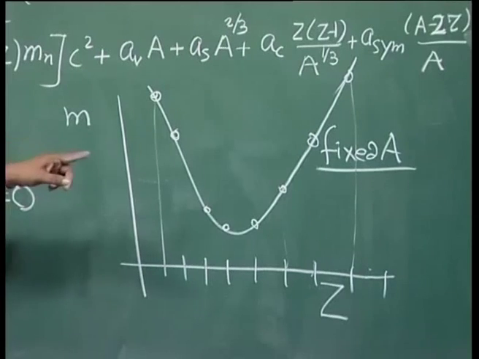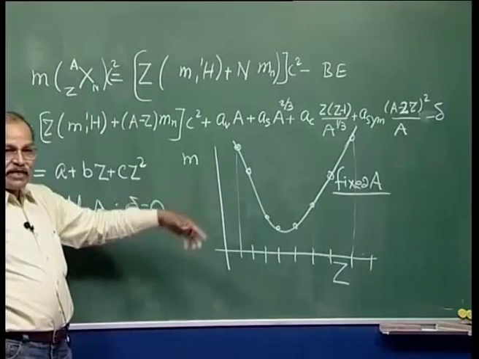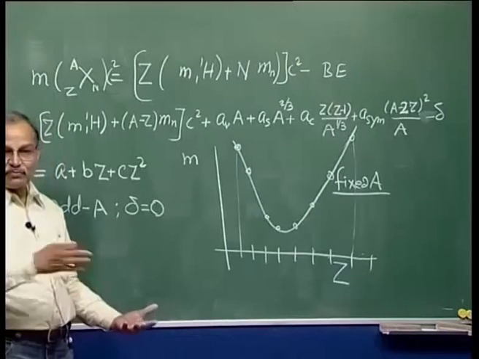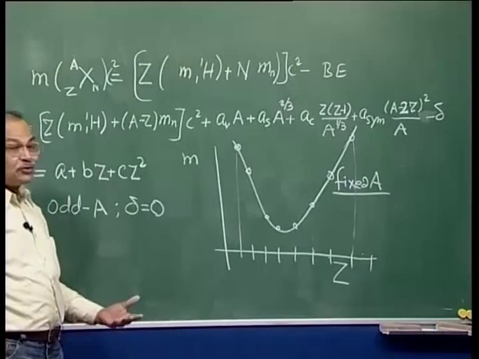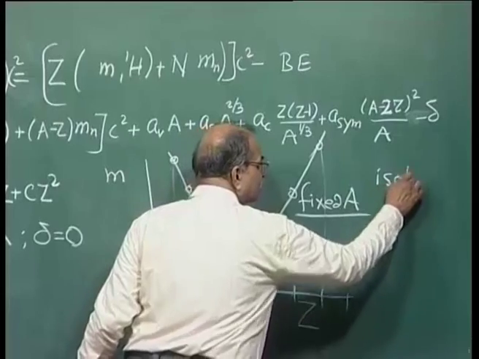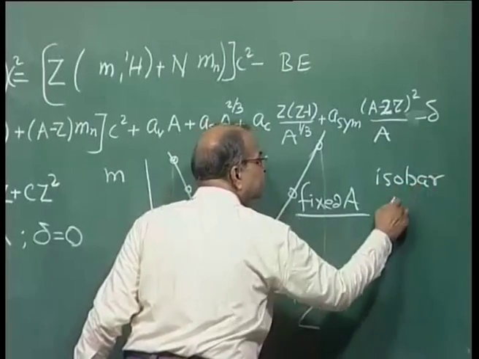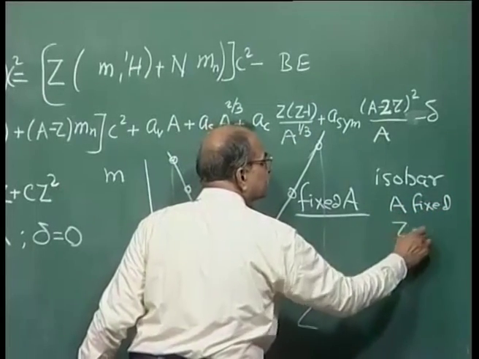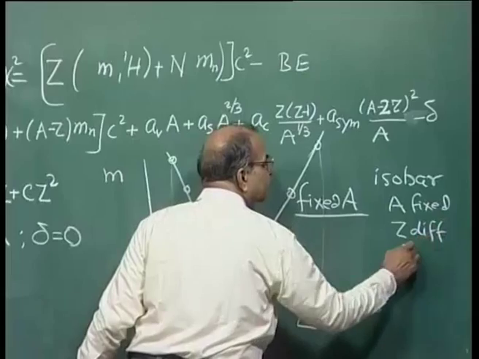For a particular value of A, you can have different nuclei with different Z and corresponding N. These are called isobars. You know this word, isobar. A fixed, Z different, and therefore N different.